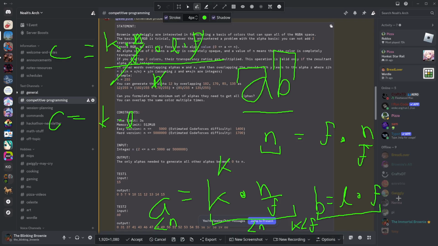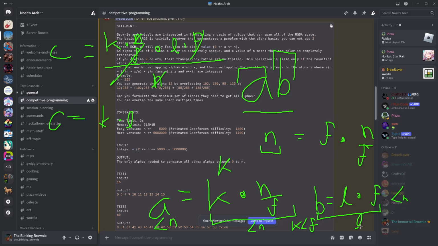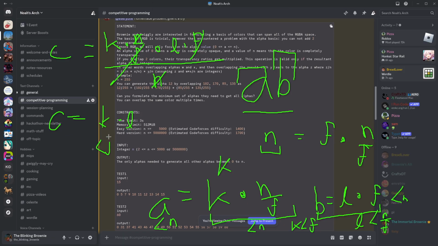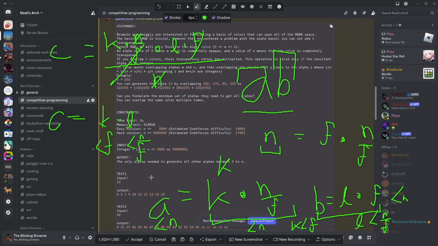B is also less than n. Divide both sides by f, you get l is less than n over f. So if c is expressible by some numbers k and l such that k is less than f and l is less than n over f, then it's marked not constructible. I mean, it's marked constructible.